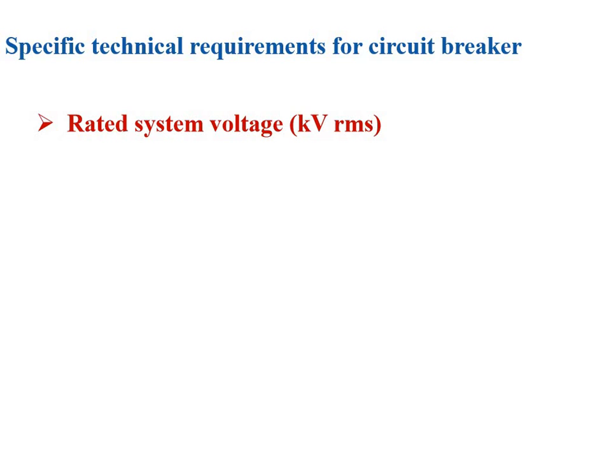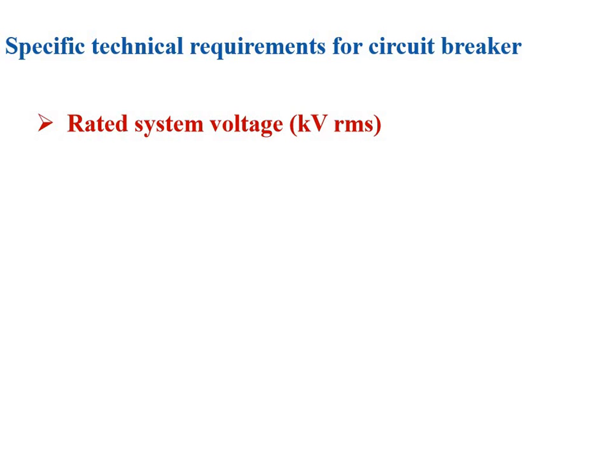So first is the rated system voltage, and generally it is described in kilovolt RMS. So depending on your system voltage, you have to rate the circuit breaker which is going to be used in that particular installation.